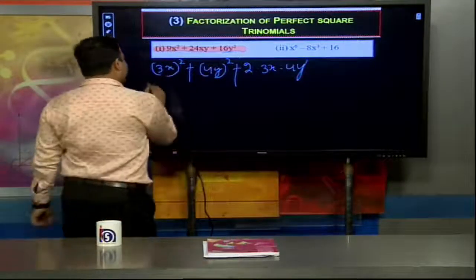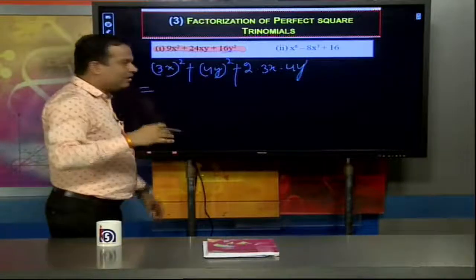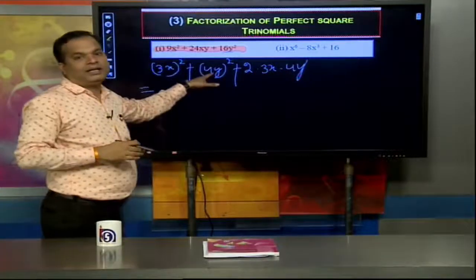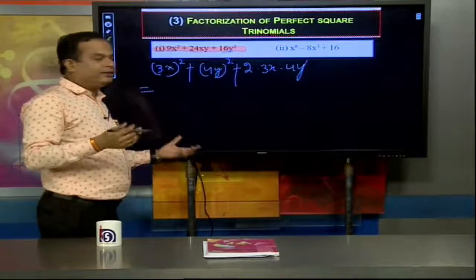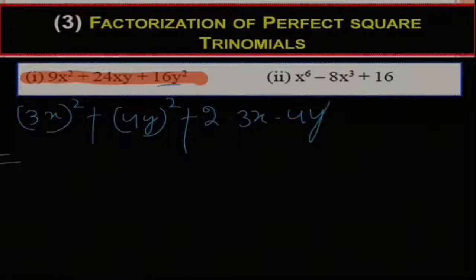So, when we simplify, you just see this is the a square plus b square plus 2ab formula, which we have already discussed. We reduce it with the formula a square plus b square plus 2ab, which is nothing but (a plus b) whole square.